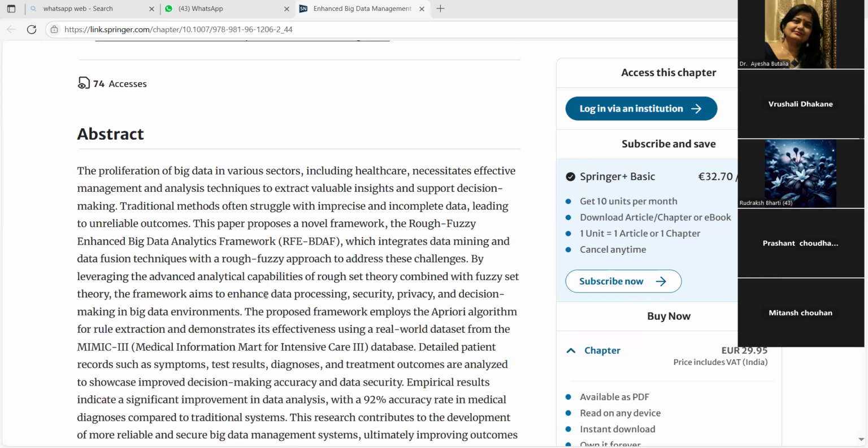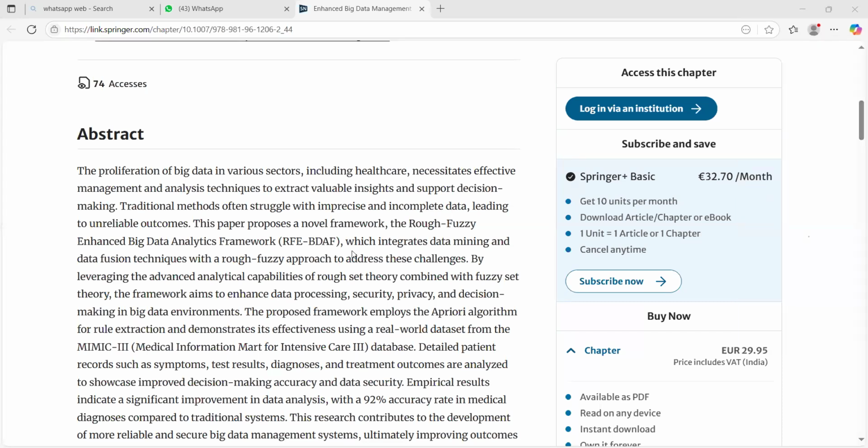They will first see your abstract. If it is fascinating, then only the person will try to go through the entire paper. So even for submission, the abstract is important. Even for getting more citations and attraction of your paper to be read by people and appreciated, the abstract is very, very important.